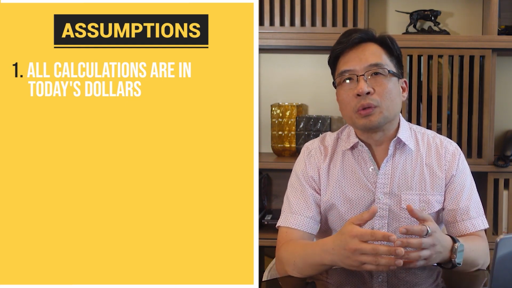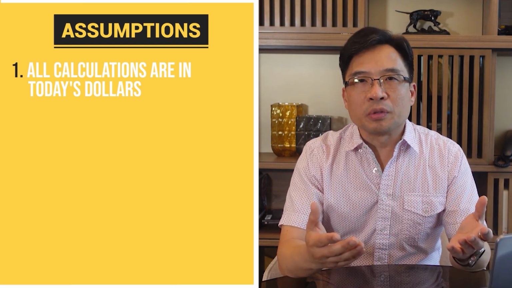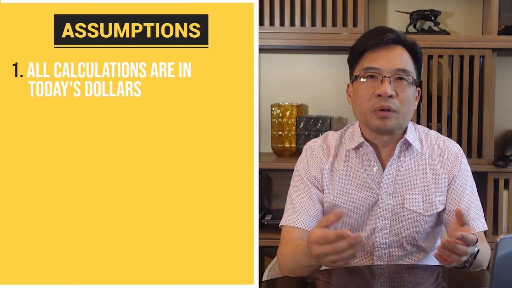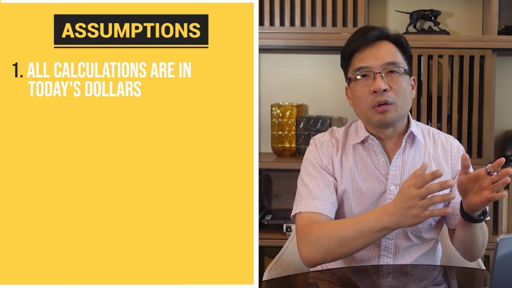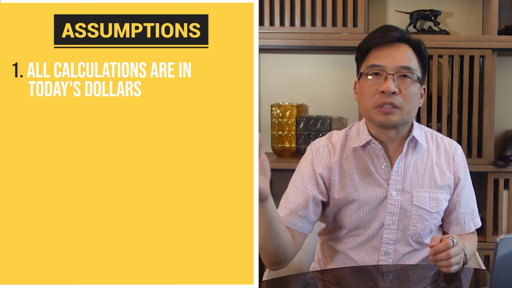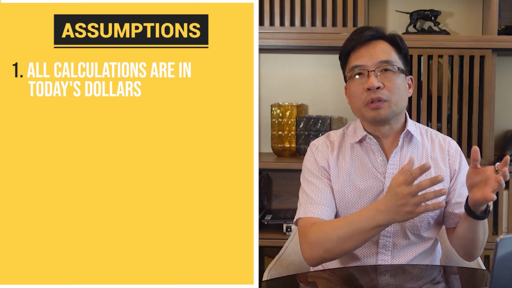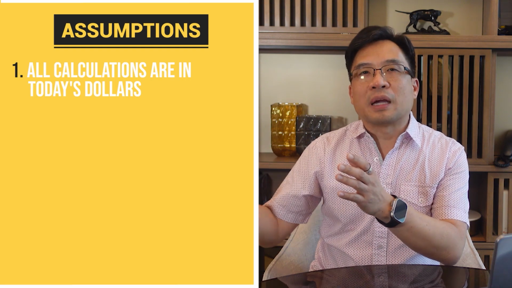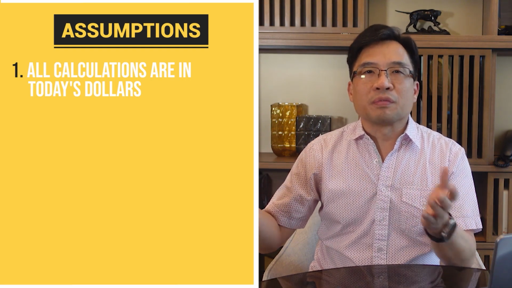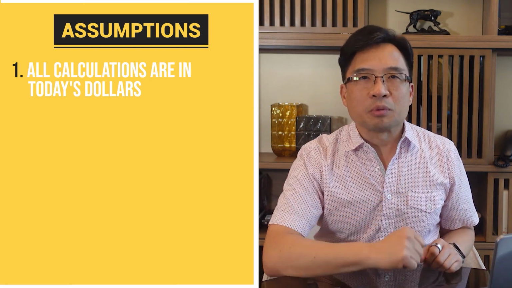This would be equivalent to a 10% nominal return, or a 10% return if inflation was 3%. That is, the nominal return is equal to the real return plus the inflation rate. So nominal return is equal to 10% because the real return is 7% and you assume the inflation rate of 3%. So that's how we get the 10%.